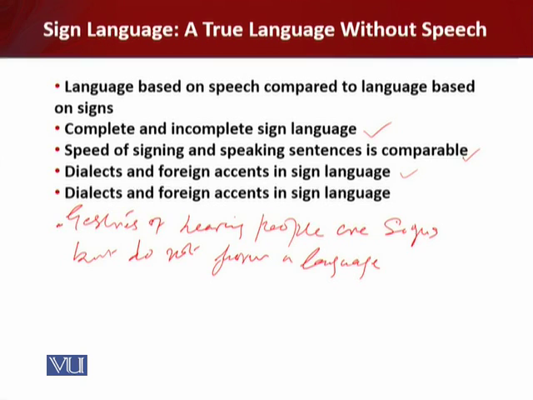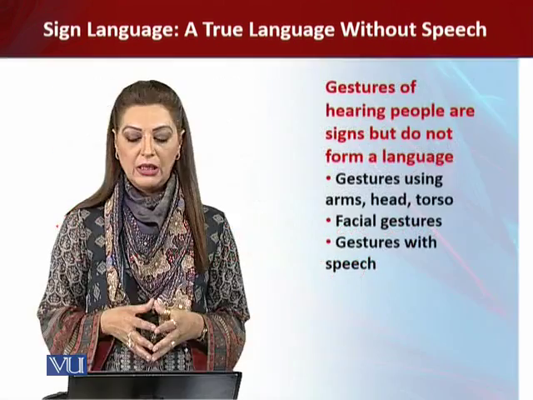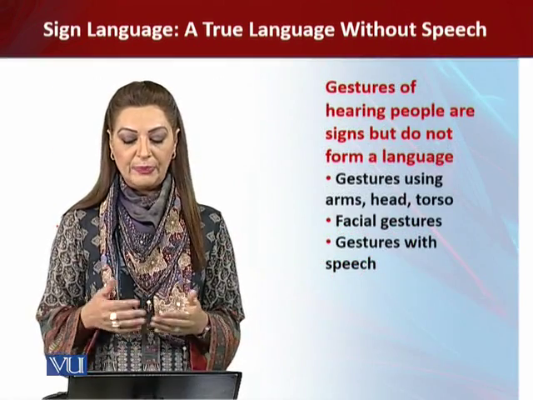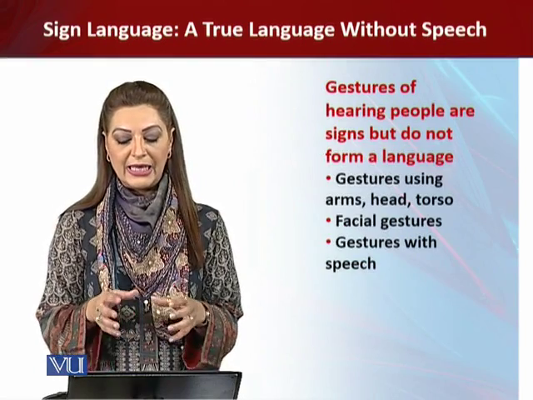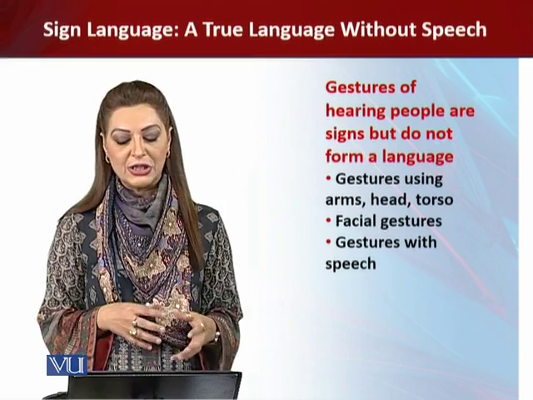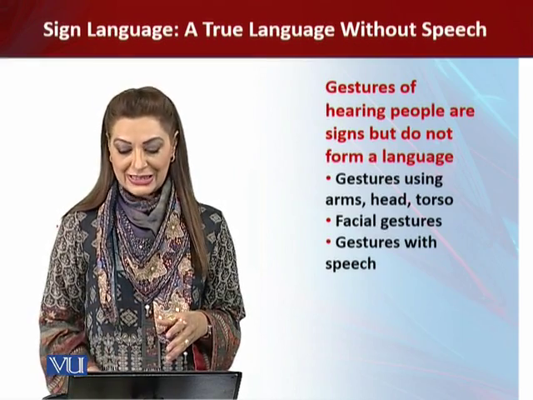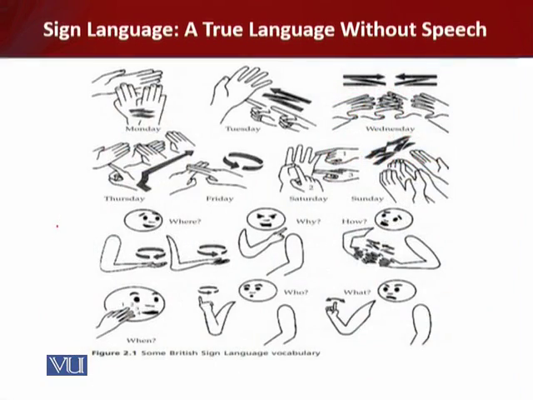So, we will also look at some of the signs with regard to the gestural movements now. Gestures of hearing people are signs, and as we can say, they do not form language, and they can be facial gestures and gestures with speech. So, let's see some of the gestures that we have here.